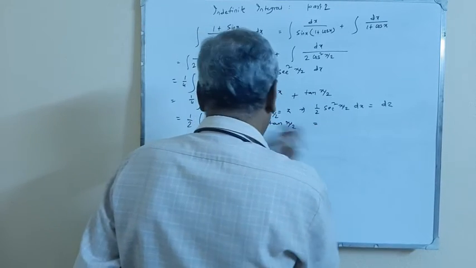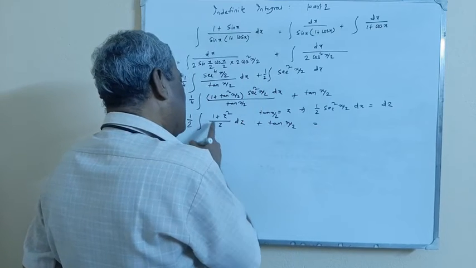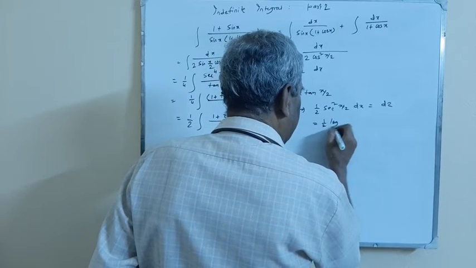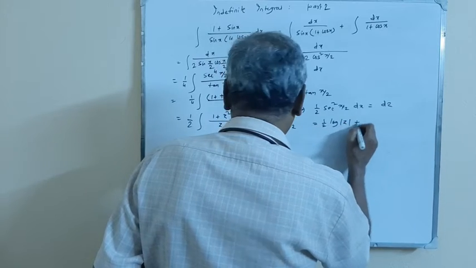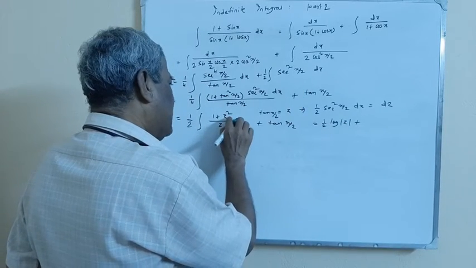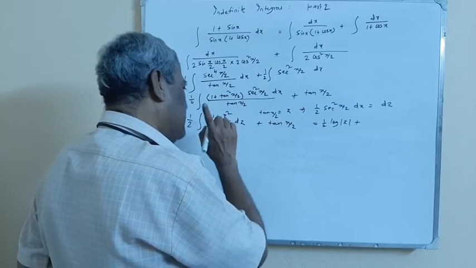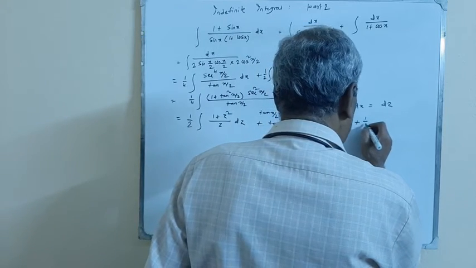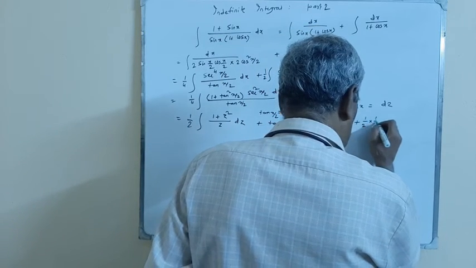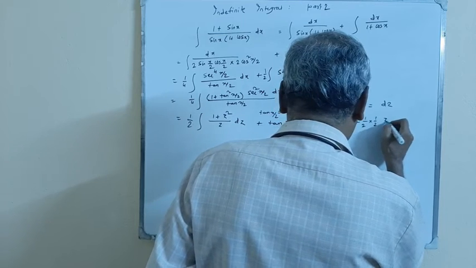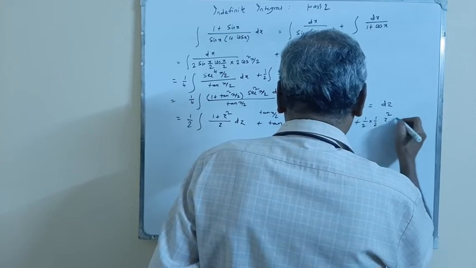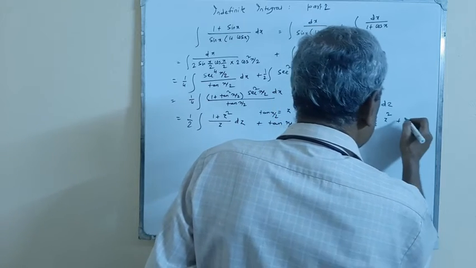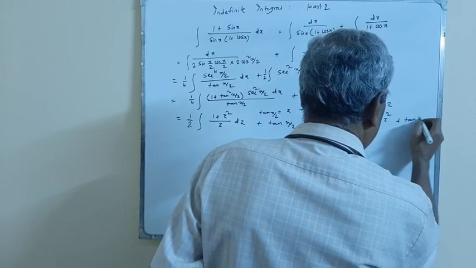It is equal to, in the first part, 1 by z dz, half log z, plus next one is z square by z dz, so z dz, so z square by 2, so that 1 by 2 into 1 by 2 z square, plus z, tan x by 2, plus c.